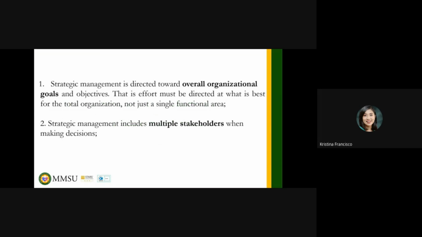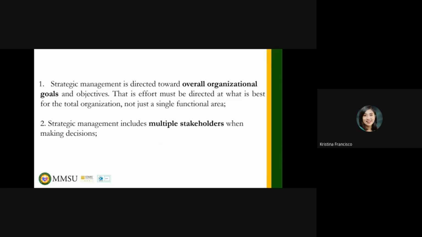So we have here the key attributes. First, strategic management is directed toward overall organizational goals and objectives. That is, effort must be directed at what is best for the total organization, not just a single functional area.